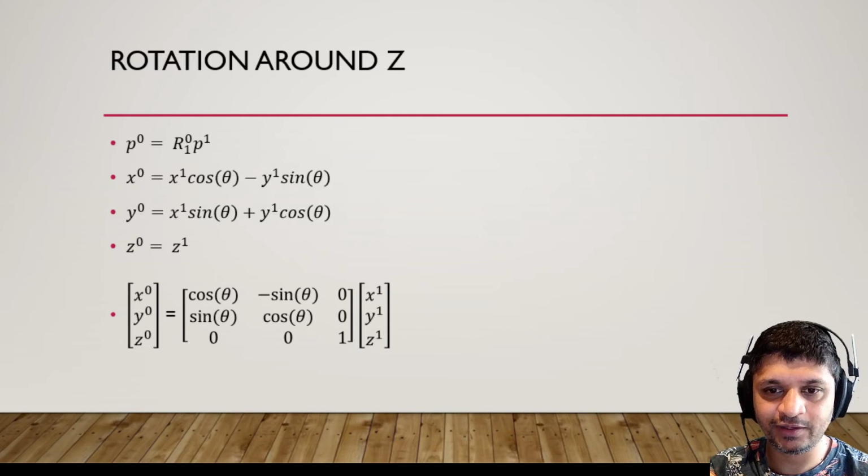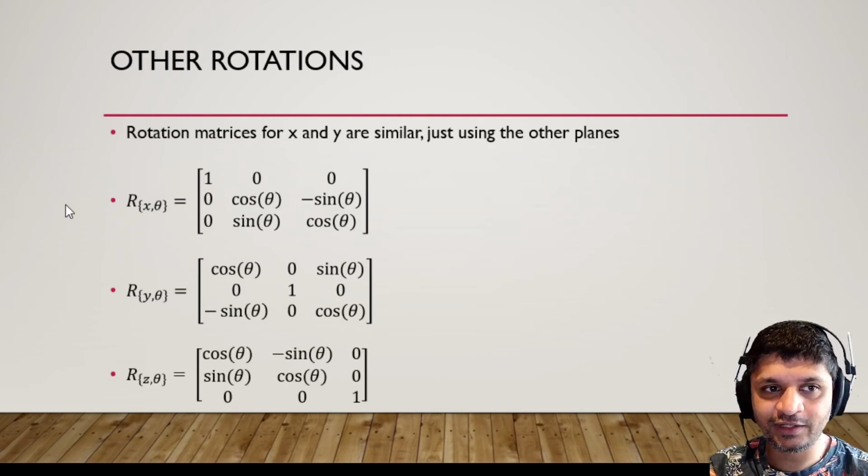Okay, and that's great if we wanted to rotate around z, but sometimes we might want to rotate around x or y. But the point is they're exactly the same. You're going to do exactly the same trig, just with transposed axes, right? So rotating around x by theta gets us this transformation matrix.